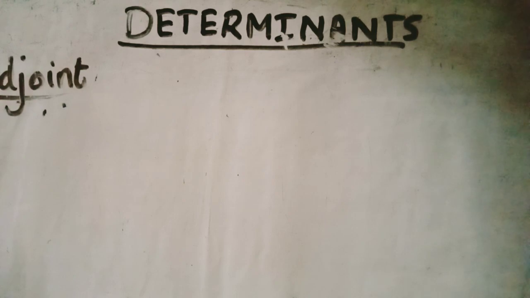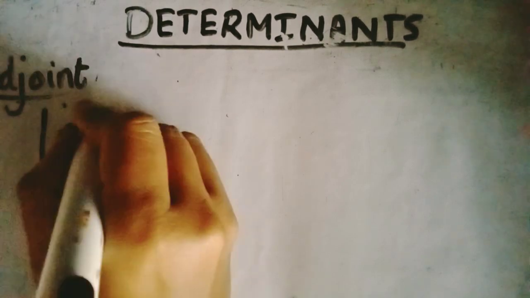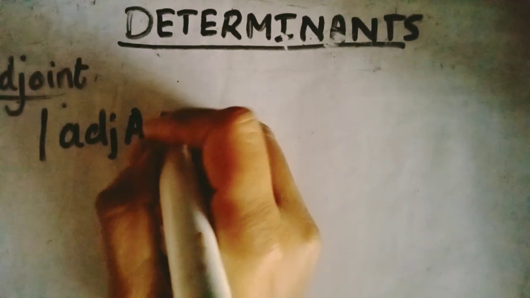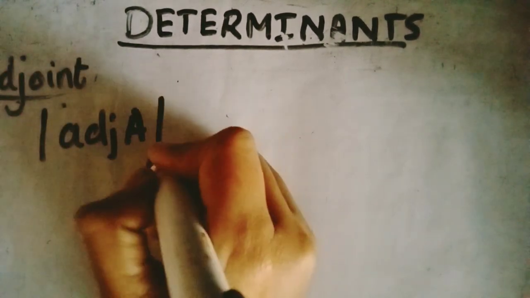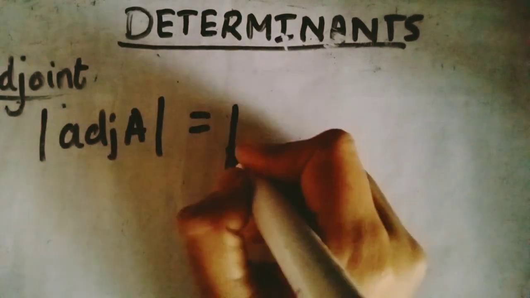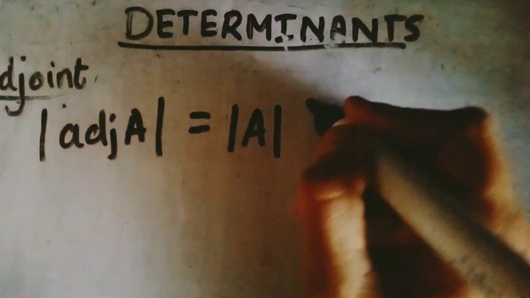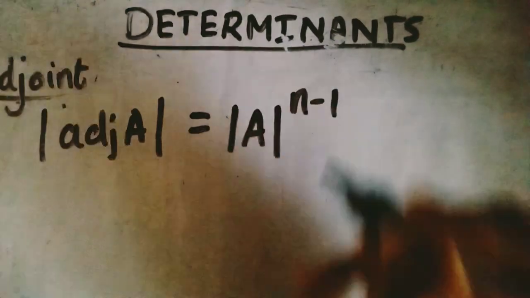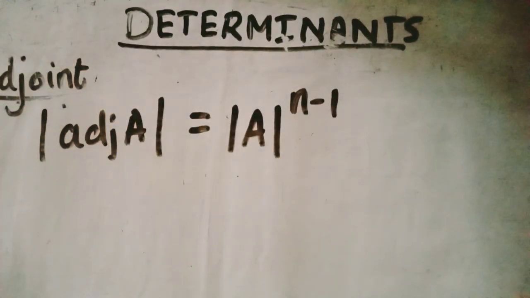Next is, if A is any square matrix of order n, then determinant of adjoint of A is equal to determinant of A raised to n minus 1. A square matrix of order n is given.